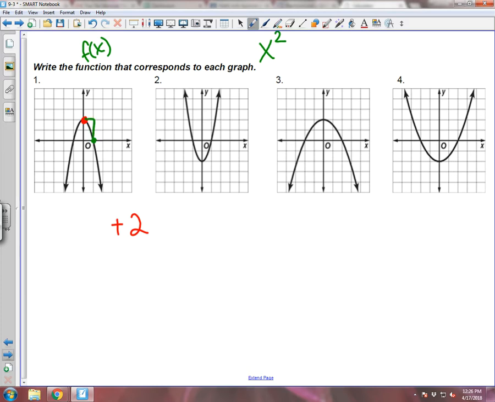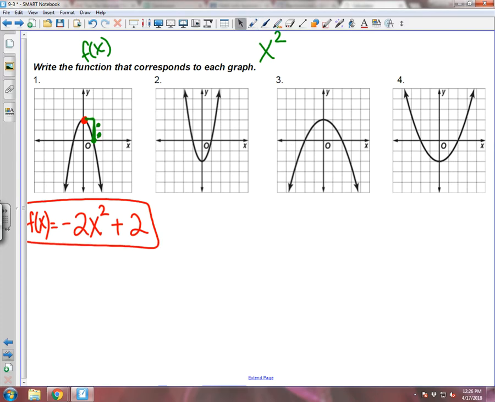That is 2 units away from the vertex, which means it's been stretched, which means there needs to be a 2 in front of the x squared term. Finally, you notice it is flipped upside down, which means there needs to be a negative out front. And we have our function for that graph.